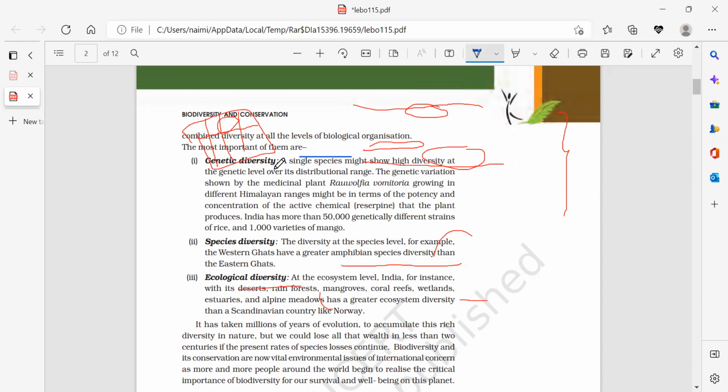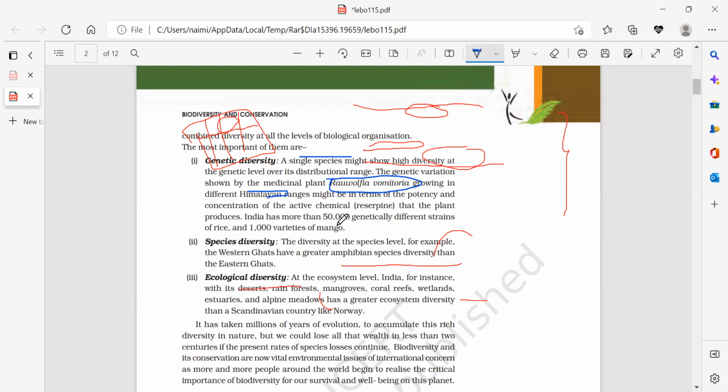The biological name of the plant is Rauwolfia serpentina. Where does it grow? It grows in the Himalayan range. In terms of potency, it is very potent because it is a medicinal plant, meaning it is pharmacologically active. There are lots of chemicals, but the active chemical is reserpine, that the plant produces.